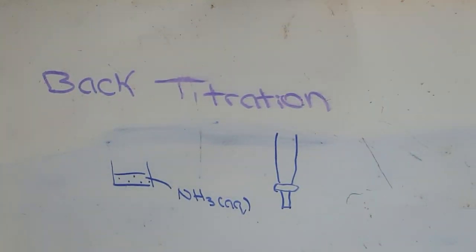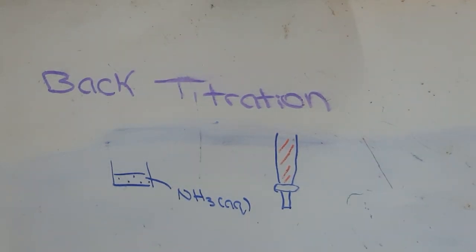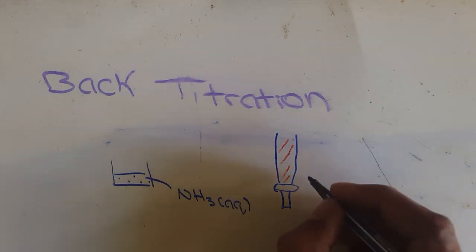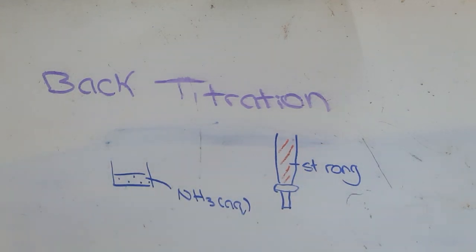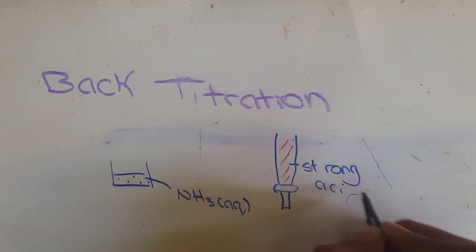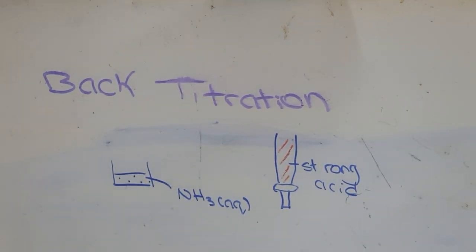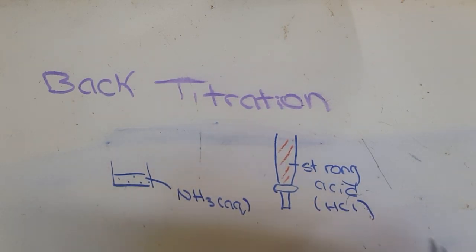So ordinarily you titrate ammonia with a strong acid for a clearer endpoint, but because ammonia is volatile, you wouldn't want to really perform it because some of the ammonia may not react with the strong acid. Okay, so let's say for this example, hydrochloric acid.